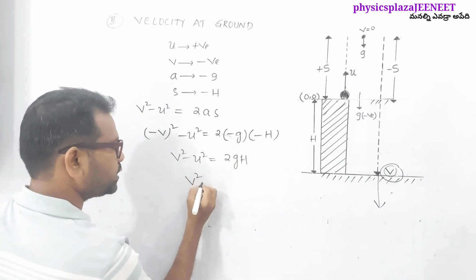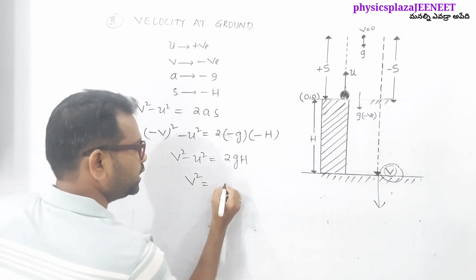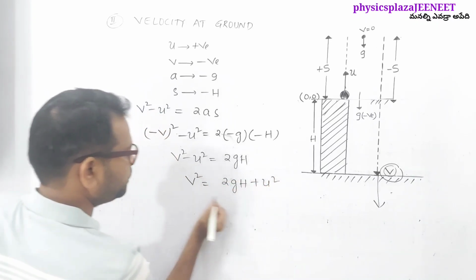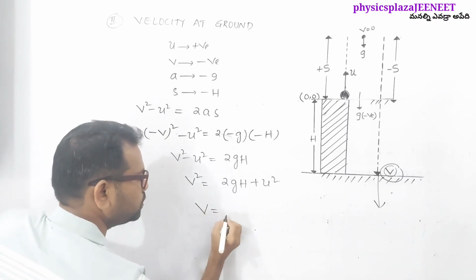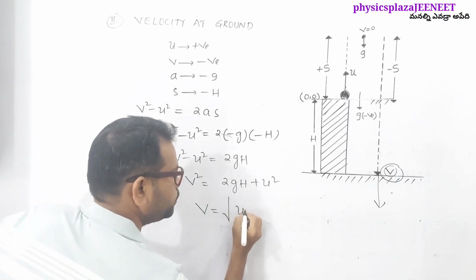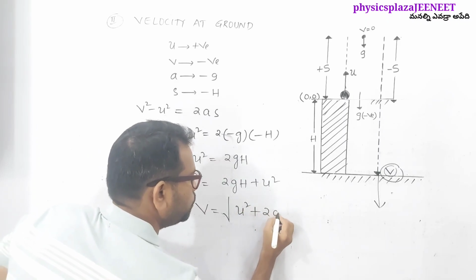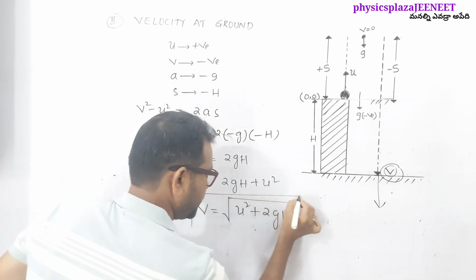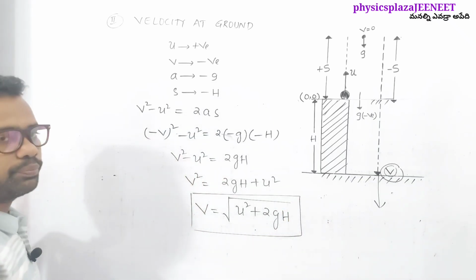Take u square to the right side, so v square is 2gh plus u square. So v is equal to square root of u square plus 2gh. Children, this is the expression to calculate the velocity of collision.